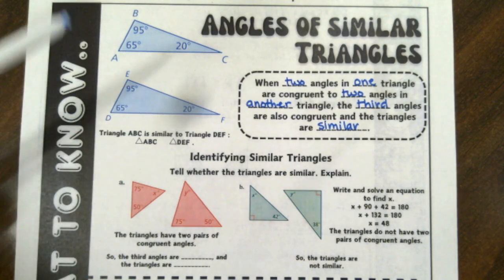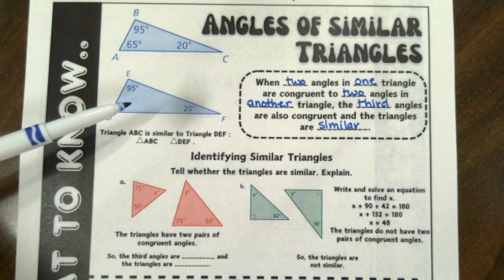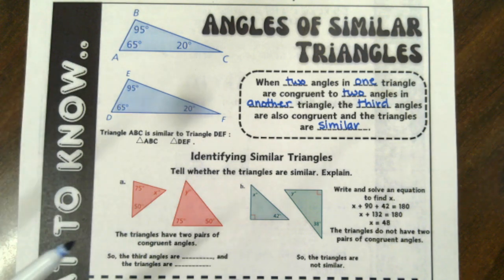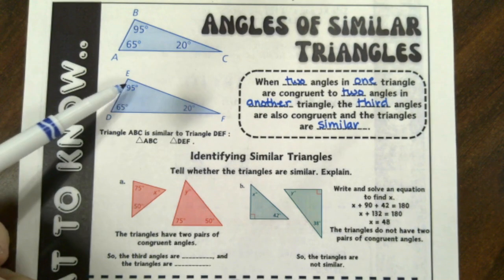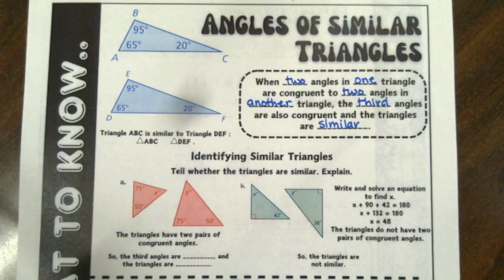We know that if two of them are congruent with the angles in another triangle, the third one must be too, because they have to equal 180 degrees. So there's no other number that could go in there that would equal 180 degrees.